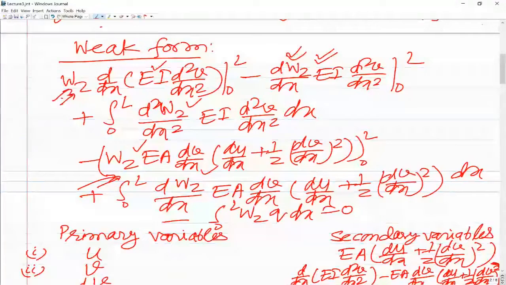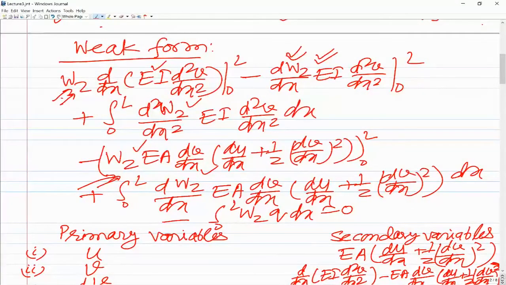Why are we not considering the minus sign in the secondary variable for dv by dx? You can take it with the sign or without the sign; both are valid as far as the form is concerned. But when we relate it to physical quantities like the axial force, shear force, and bending moment, then we have to take the sign appropriately.